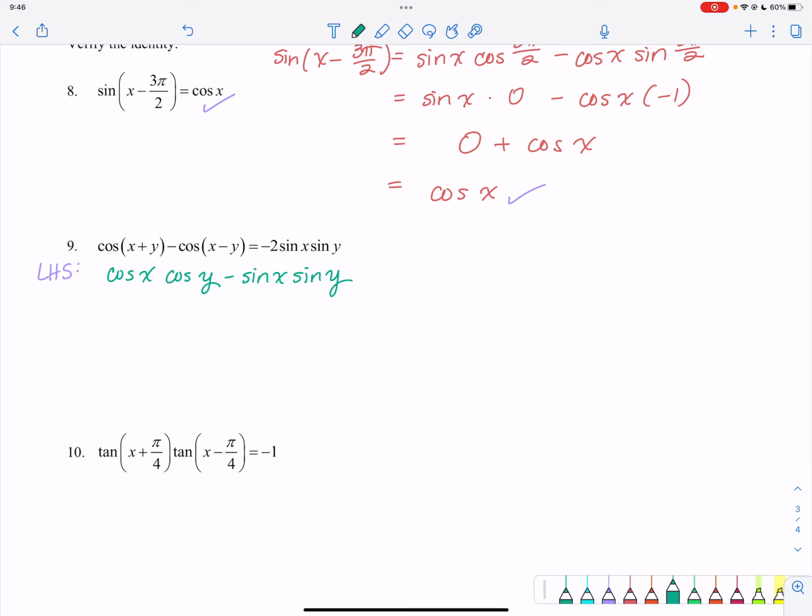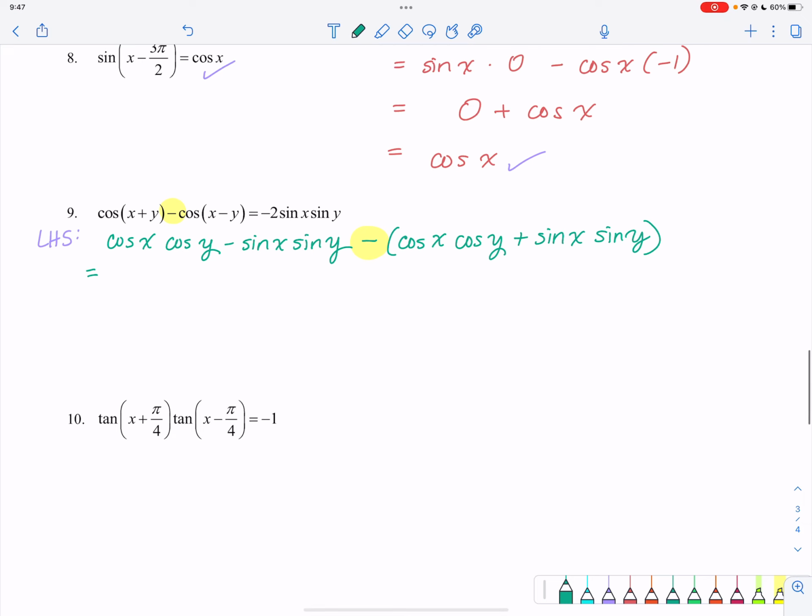Now we'll use this second identity, minus, and this minus is this minus. And now we have the cosine of a difference. And so we're going to need to use parentheses so we can distribute that negative sign. Cosine of x, cosine of y, plus the sine of x multiplied by the sine of y.